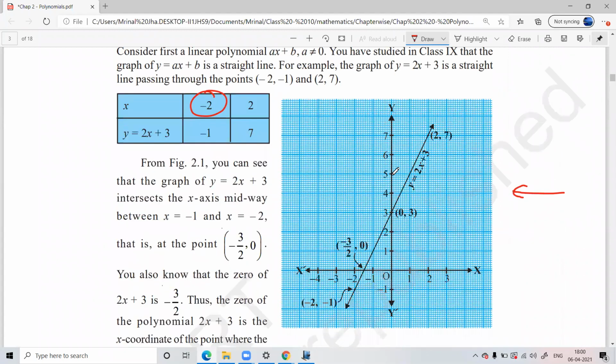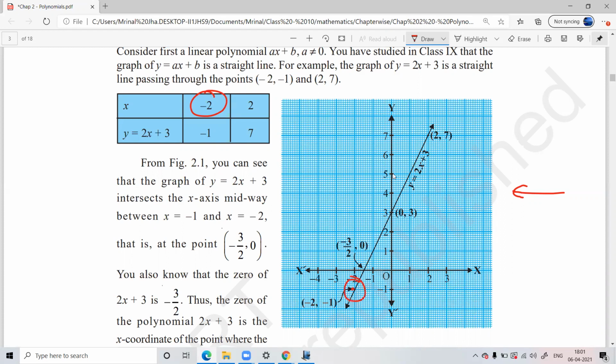Okay, I think they have drawn it. When x is -2, y should have been... Oh, okay, it's correct only. No, it's over here. The point is here.